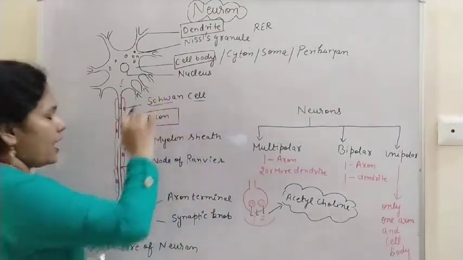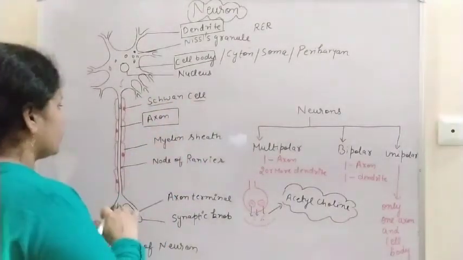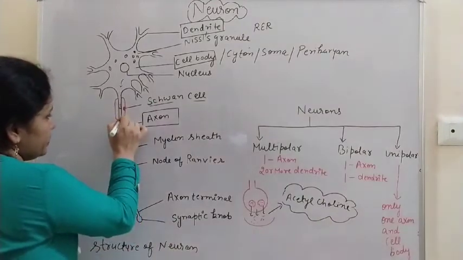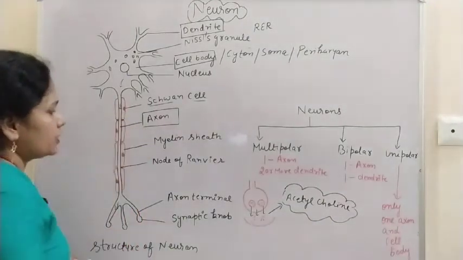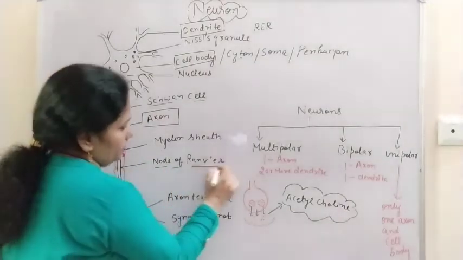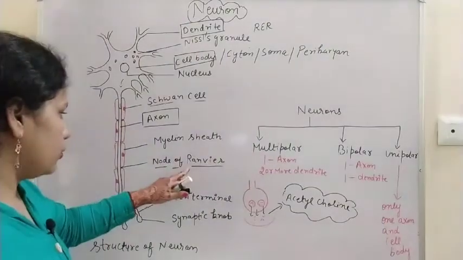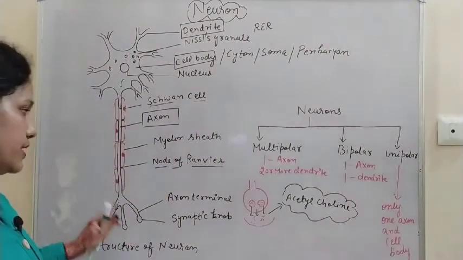So Schwann cells help in the formation of the myelin sheath. You can see some gap is present where this myelin sheath is not present, and this gap is the node of Ranvier.